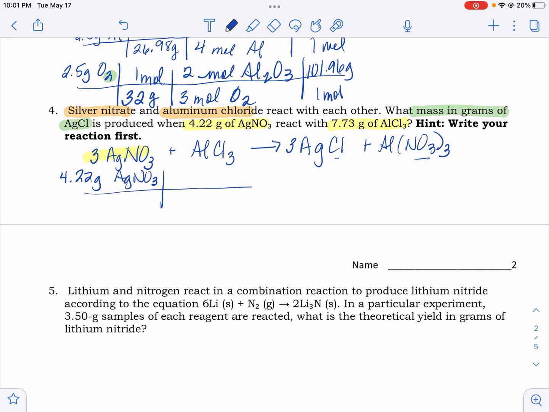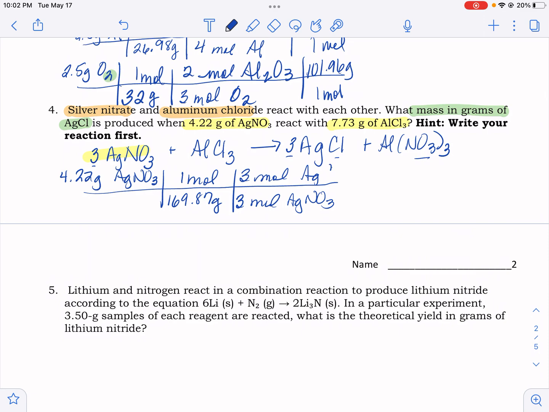Now we have to change that to moles. 169.87 grams in 1 mole. The ratio of silver nitrate to silver chloride is 3 to 3, 3 moles AgNO3, 3 moles of AgCl.